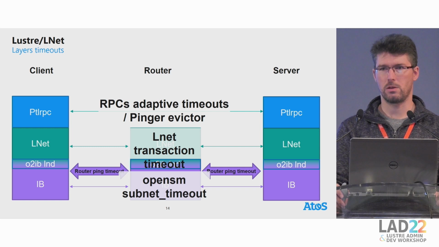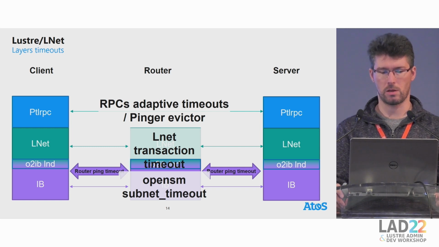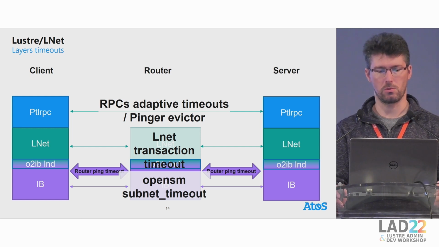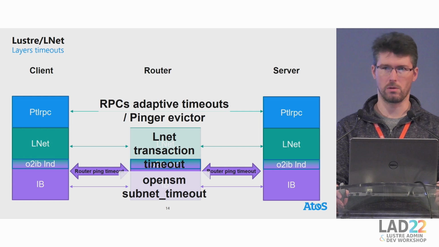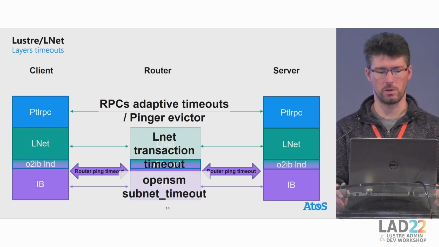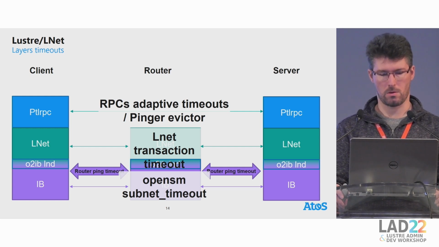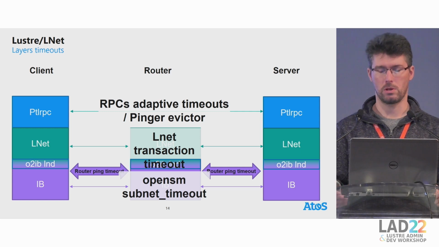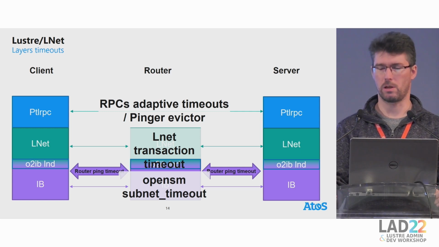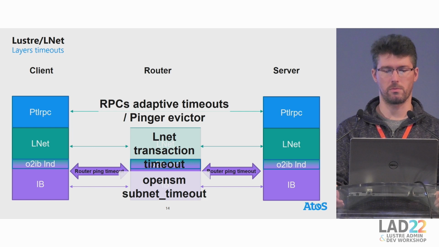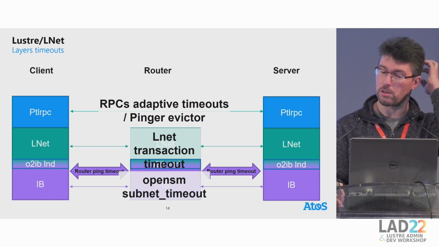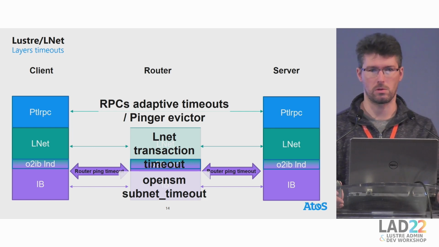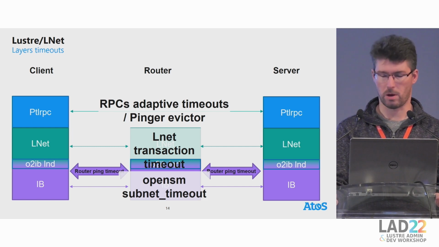The LNet layer gets the LNet transaction timeout parameter. And you also get, in the case of using routers, the router ping timeout. I will go into more detail about this later. And the InfiniBand network itself also has a timeout on the life of packets, which is defined in OpenSM by the subnet timeout parameter.